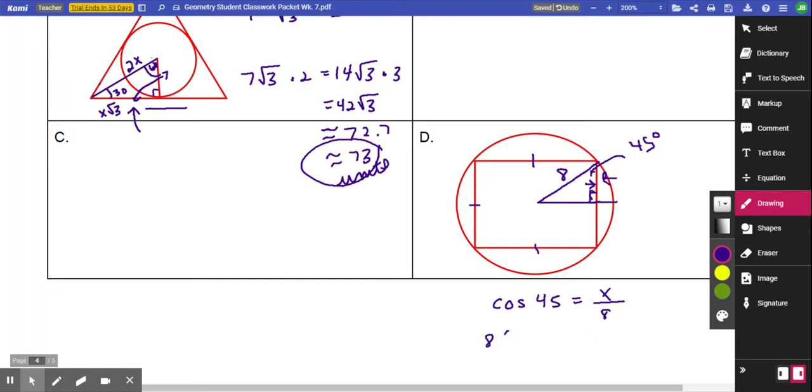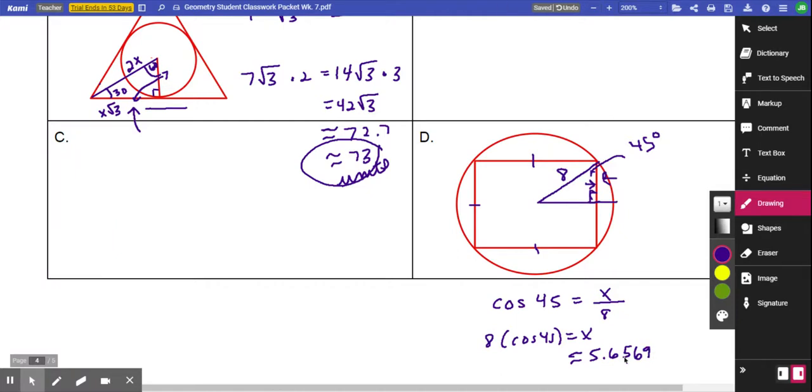So we're going to take 8 times the cosine of 45 to find our x value. Okay, and I'm getting approximately 5.65. I'm going to go out 4 digits, so approximately 5.6569.